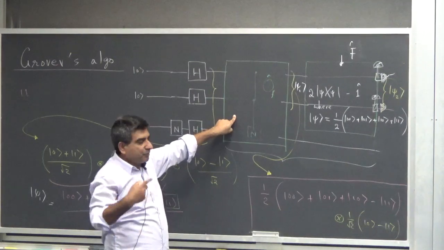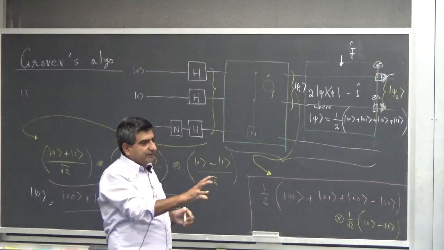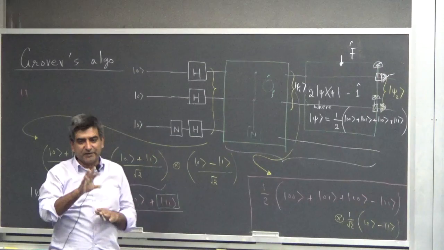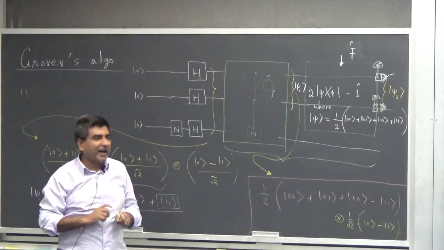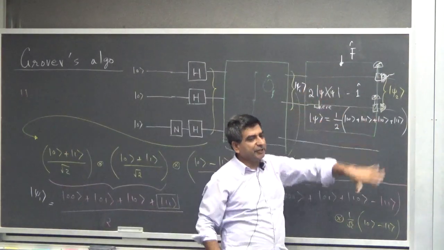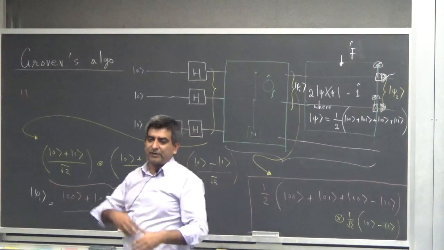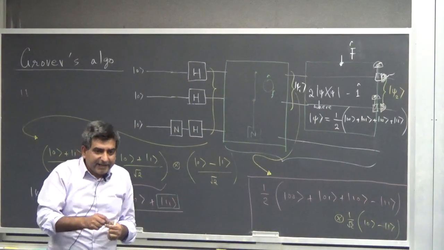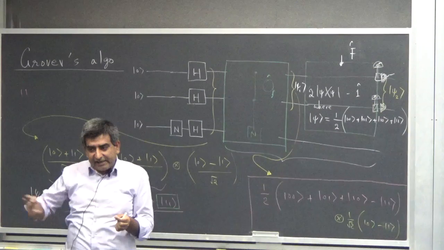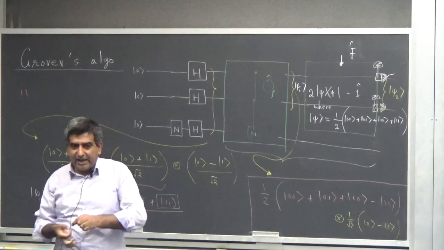So we have designed it in a way that the phase of the search solution is inverted. Now we have to come up with a subsequent algorithm or a circuit that takes the state that is distinct from every other state and amplifies it.